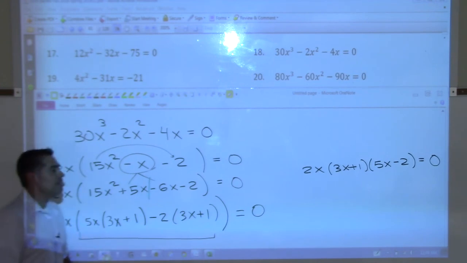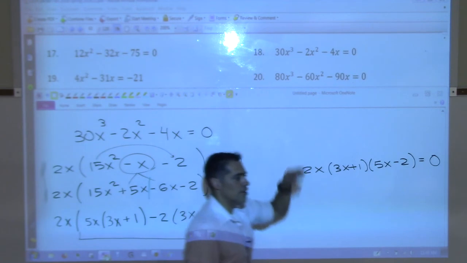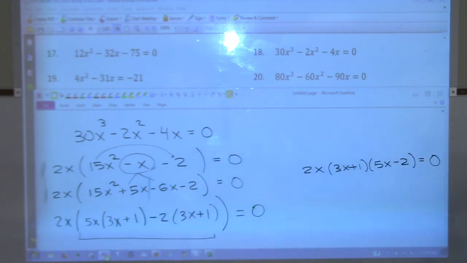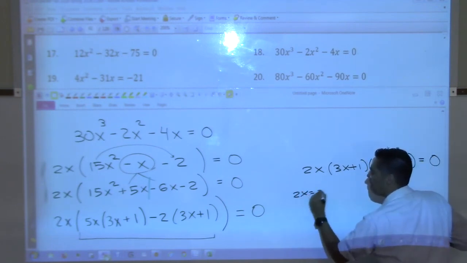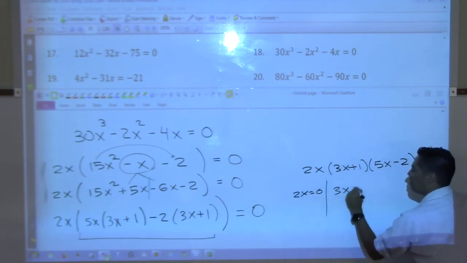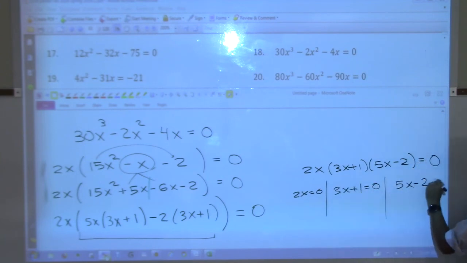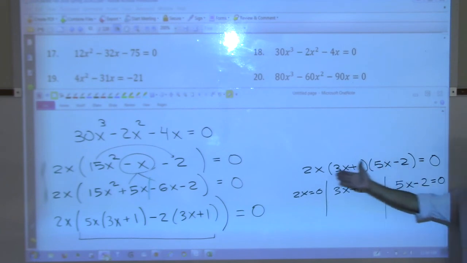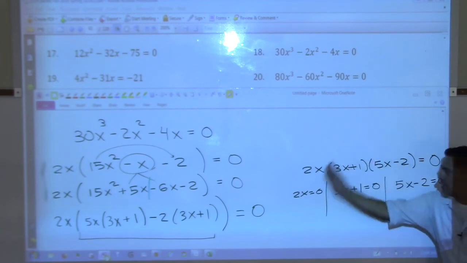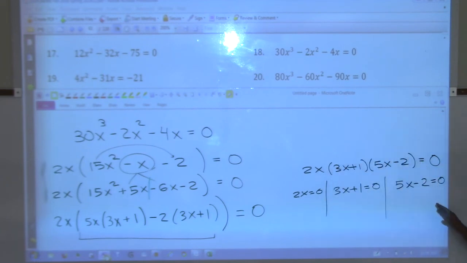So Alyssa, how many things do we have multiplying together here to be 0? 3 things, right? So that means we have to set 3 things equal to 0, right? We set 2x to 0, 3x plus 1 to 0, and 5x minus 2 to 0. All right, so now we're using that zero factor property, setting each of our factors equal to 0.